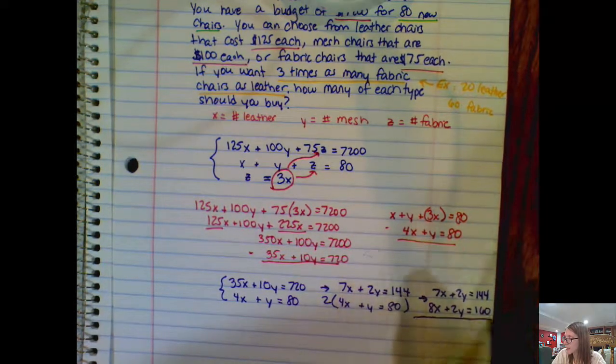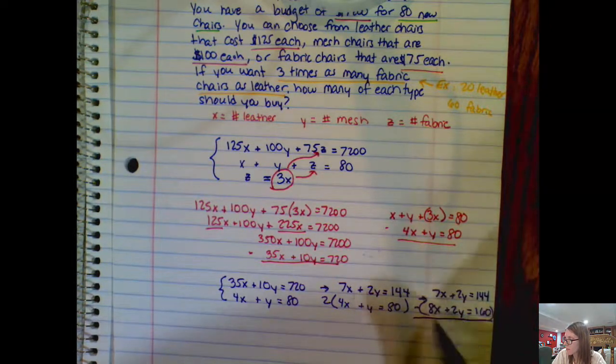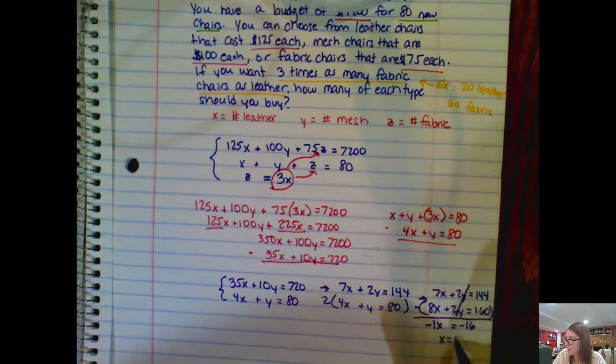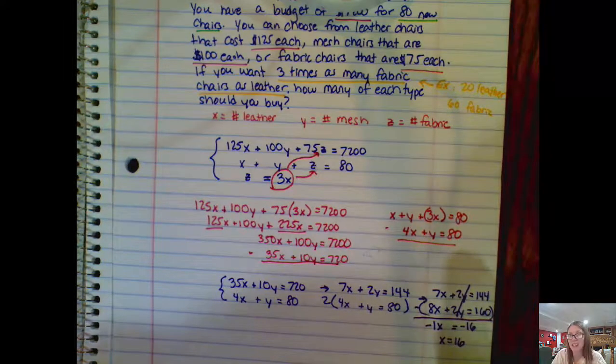To get my 2y's to cancel out now, I have to subtract everything straight down. 7x minus 8x is negative 1x. 2y minus 2y cancels. 144 minus 160 is negative 16. So x has to equal positive 16.